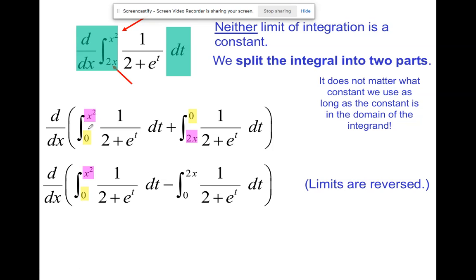So here I go. I didn't do anything to the first one. I left it alone, but remembering that I'm going to have to chain rule here. But notice my plus has been turned to a minus because I need to reverse the limits of integration, because I need my constant on the bottom. I'm going to have to chain rule here because this is a composition. I have to chain rule every time I don't just have x.